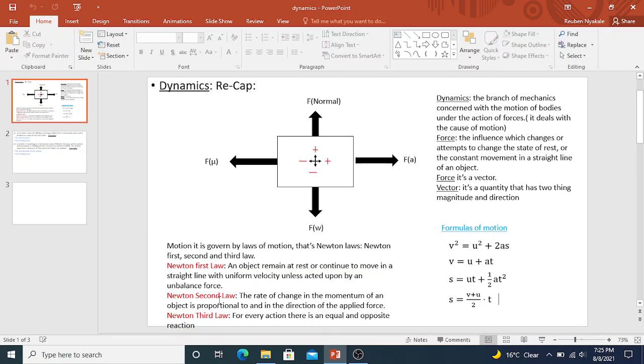Now, Newton's second law says the rate of change in the momentum of an object is proportional to and in the direction of the applied force.